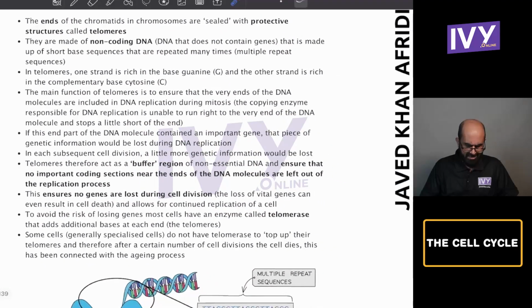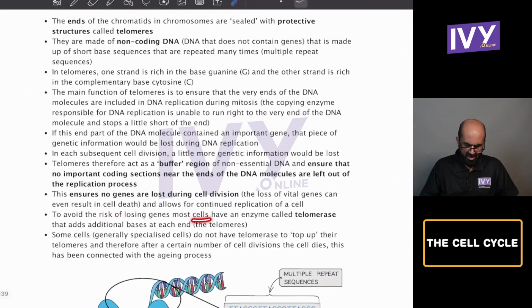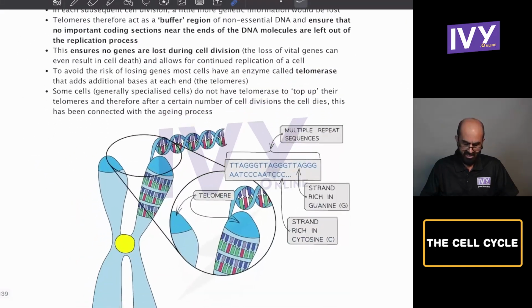To avoid the risk of losing genes, most cells have an enzyme called telomerase, as I told you, that adds additional bases at each end of the telomeres. Some cells, generally specialized cells, do not have telomerase to top up their telomeres, and therefore, after a certain number of cell divisions, the cell dies. This has been connected with the aging process, as I told you.